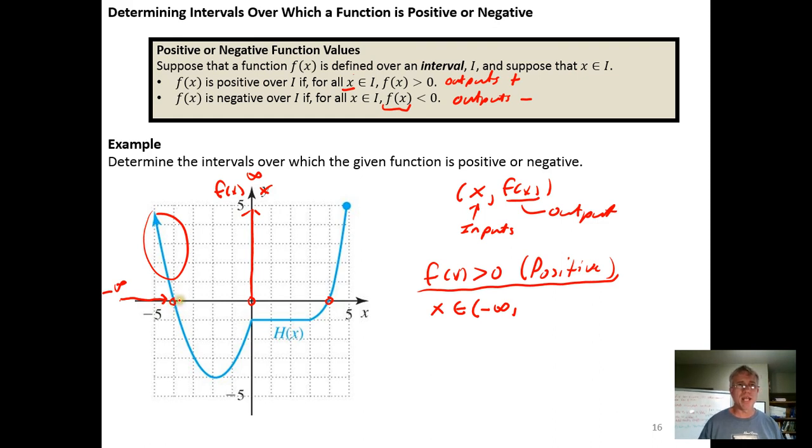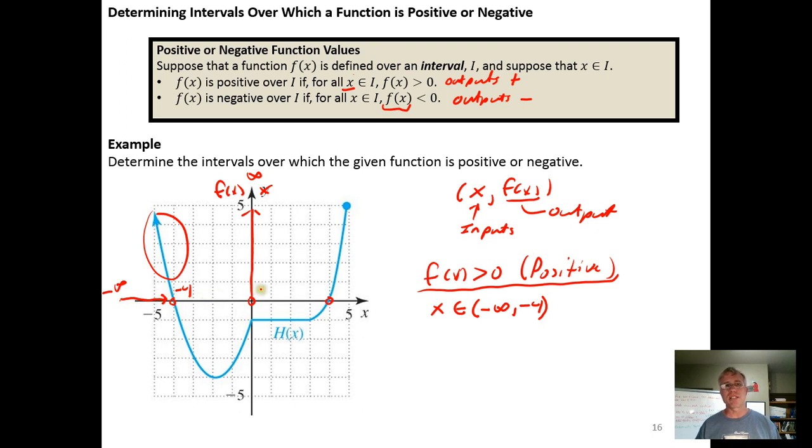That's occurring at, it looks like, -4. So we run along until we get to -4, and as long as we're on that interval, our function's above the axis. We can't include the -4 because at -4 the function output is 0, and 0 is not a positive number. It's neither positive nor negative.